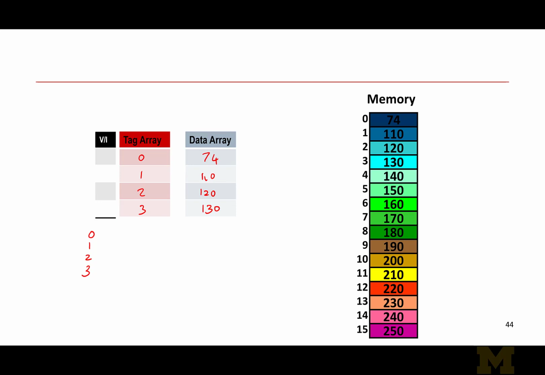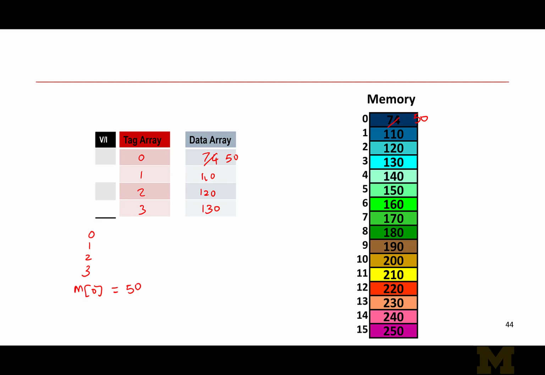Now let's say after these memory accesses, I get a store, and that store is to location 0, and I want to write a new value, let's say 50, to that location. Now the question is, do I overwrite only the cache data, which sounds like what I need to do, or do I also update the value for address location 0 in memory to the latest value?